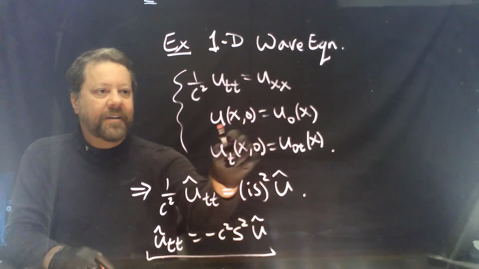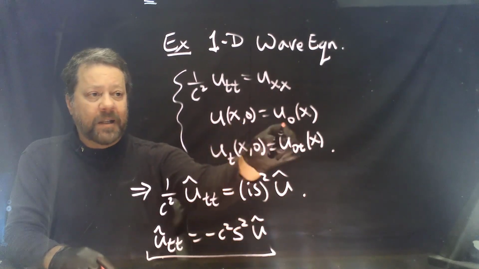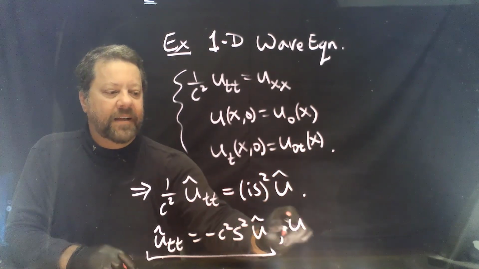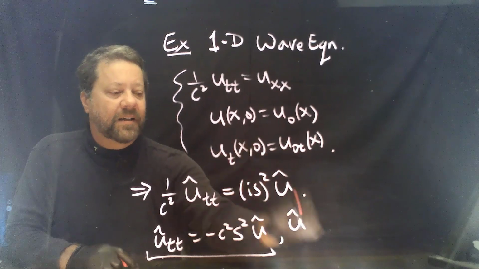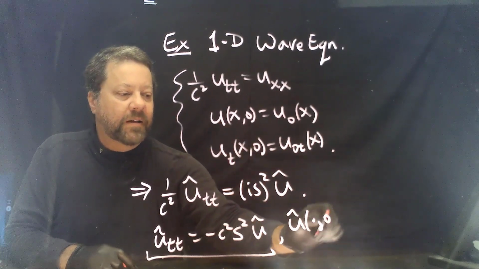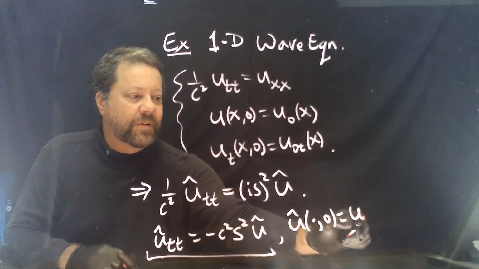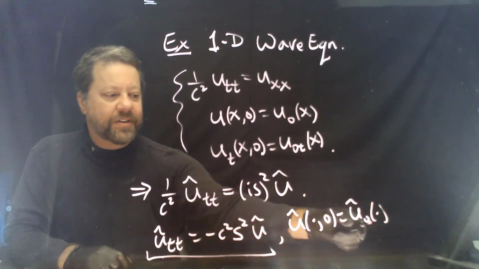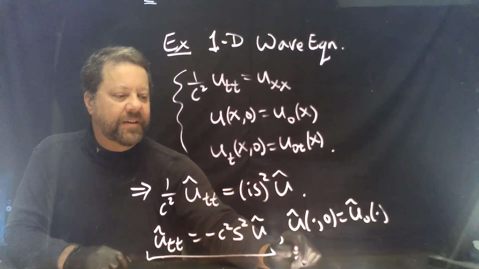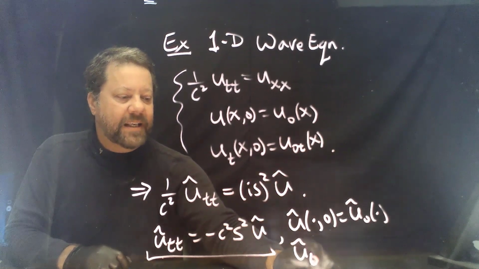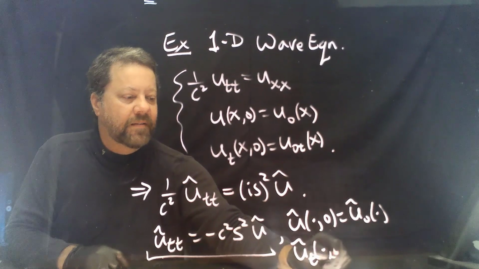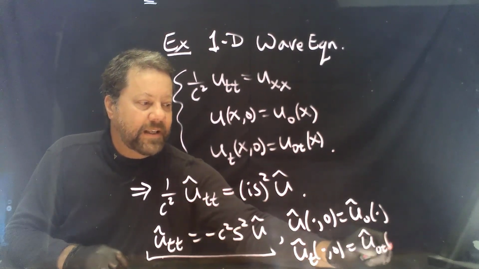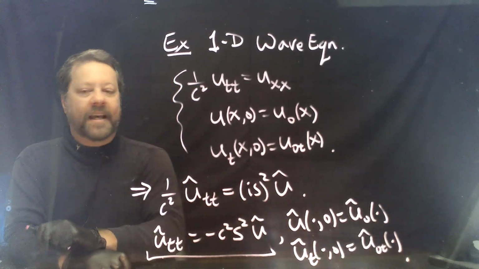We also have the Fourier transform that we can apply to the initial data, and that gives u hat of s,0 equals u hat naught. These will be functions of s now, and over here u hat_t is u naught hat t of that new variable.